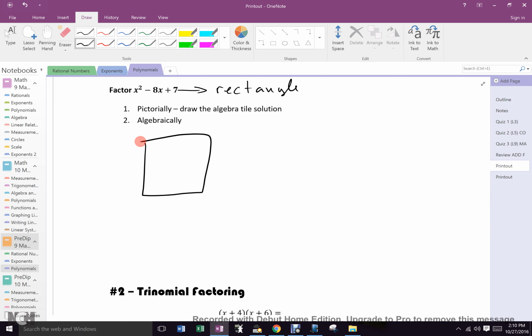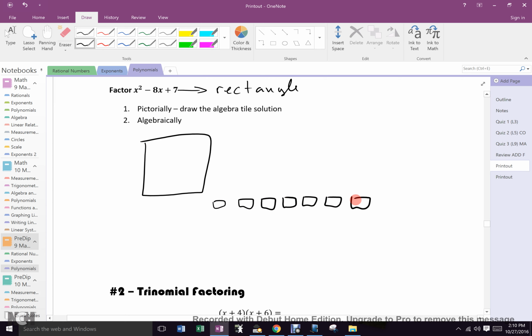Let's try that again, shall we? I have 7 objects and I must line them up into a rectangular shape. What is my only option? A line. A line of 7, yes? Agreed? And they got to be positive, right?